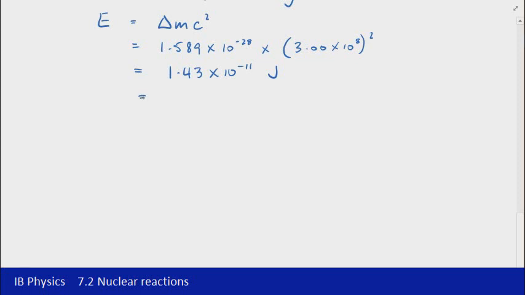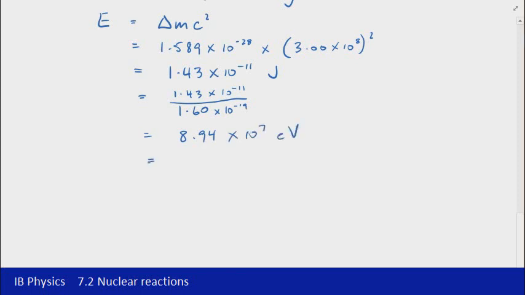Again, though, in joules, that small amount's not particularly easy to work with, so we're going to convert that to electron volts, and to do that we need to divide by the conversion factor for electron volts, 1 electron volt being 1.60 by 10 to the negative 19 joules, and that then gives us a quantity of 8.94 by 10 to the 7 electron volts.